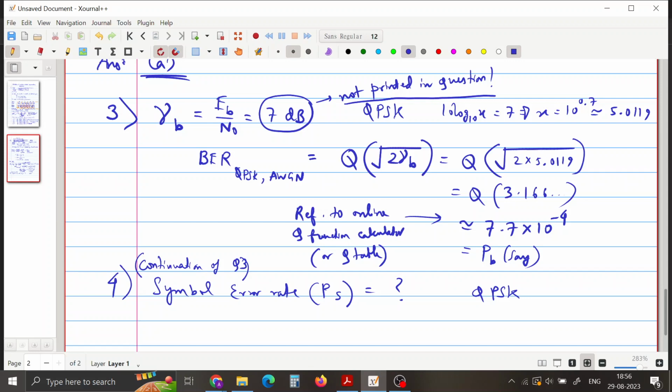That's the rule, because the Q function argument is in the linear scale. This bit error rate that you specify for QPSK, BPSK, all these modulation schemes, this parameter of the Q function is in the linear scale. That's why we move from the dB or log scale. The value is given in the log scale, which is 7 dB, so we have to first convert it to the linear scale and then apply it to this formula.